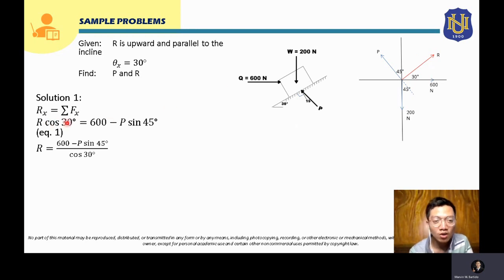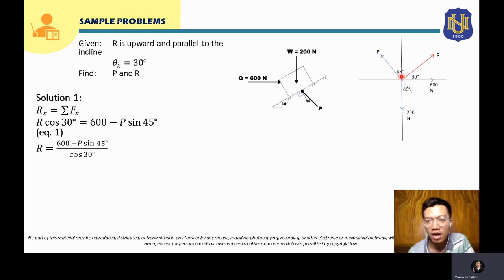So that will be r cosine 30 degrees equals the summation of all the component forces. The component forces are 600, P, and this weight. Your 600 force here is already horizontal, directed to the right, so that will just be positive 600.